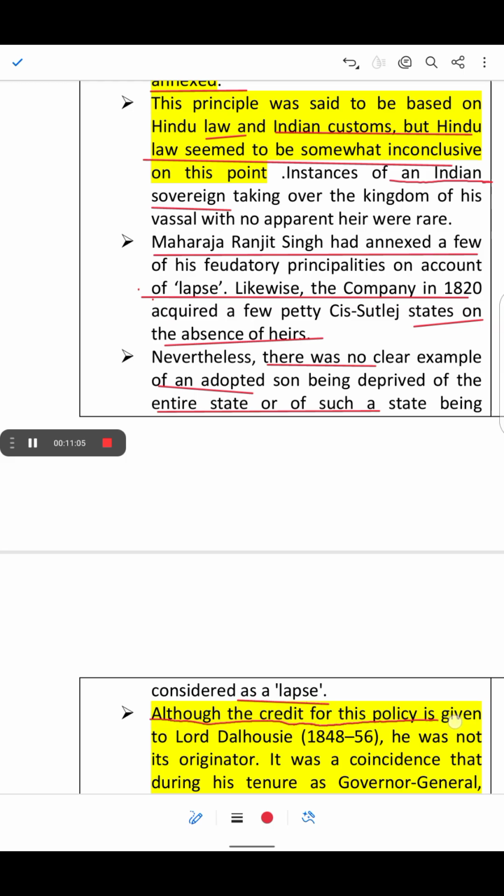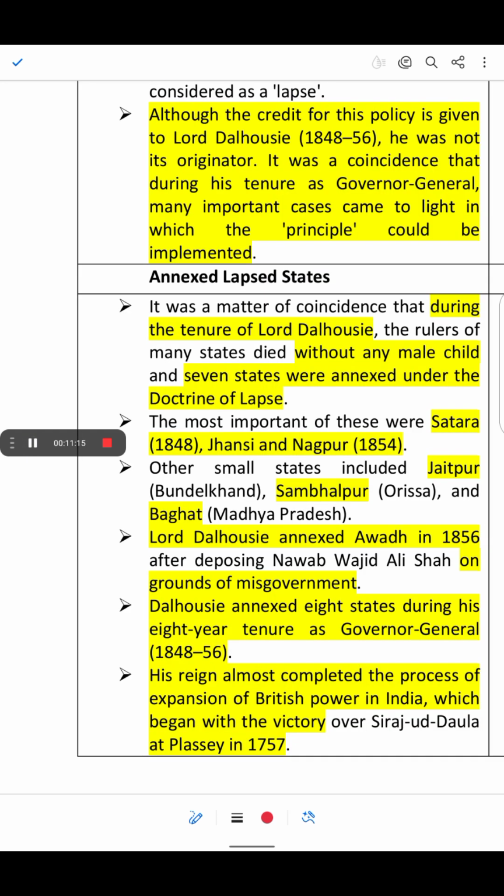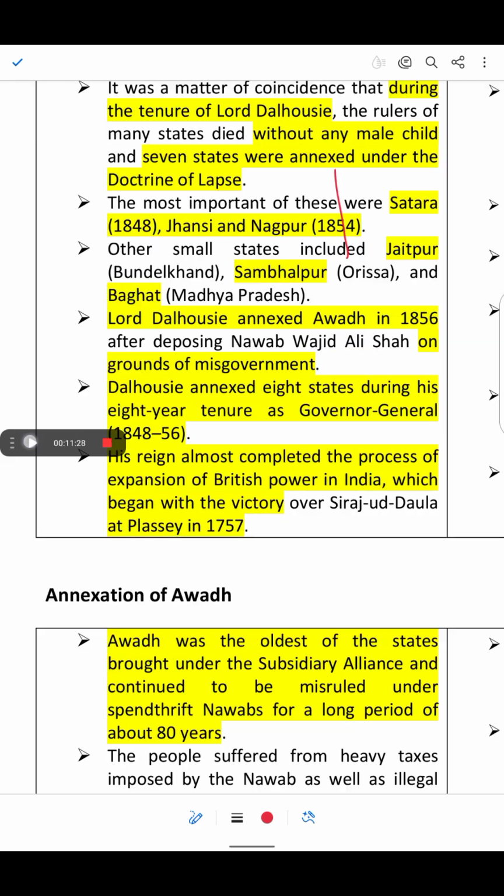Although the credit for this policy is given to Lord Dalhousie from 1848 to 56, he was not its originator. It was a coincidence that during his tenure as Governor General, many important cases came to light in which the principle could be implemented.